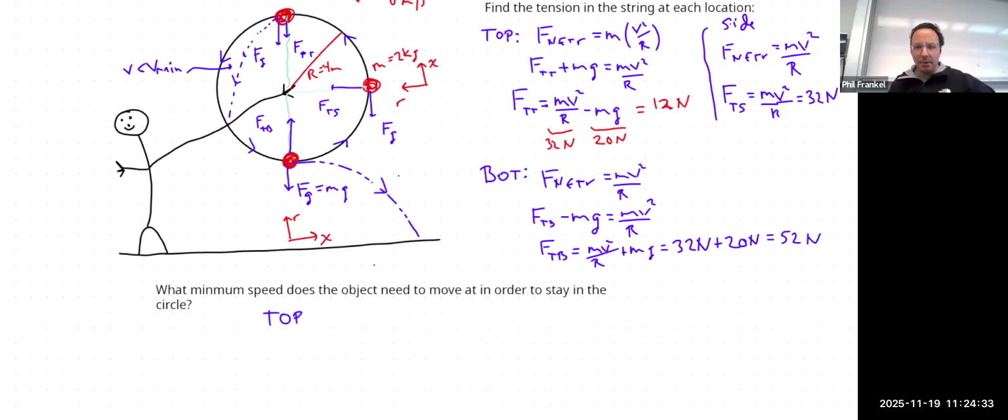So remember, at the top, if you look right back up here, we said that the tension force at the top plus the weight of the object is equal to mv squared over r.